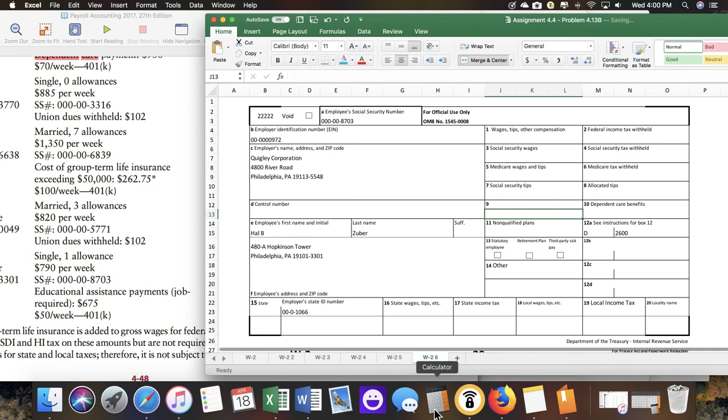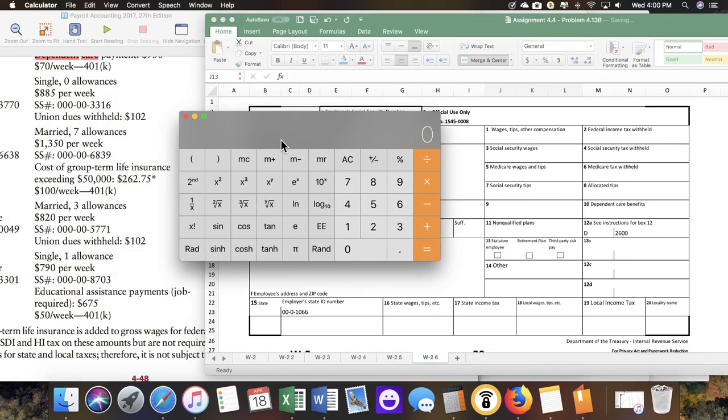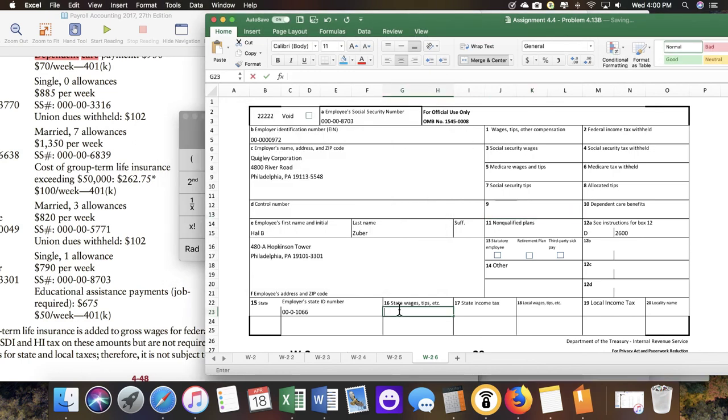He is getting $790 a week times 52, so that gives us $41,080. So that's going to go in most of the wages boxes.